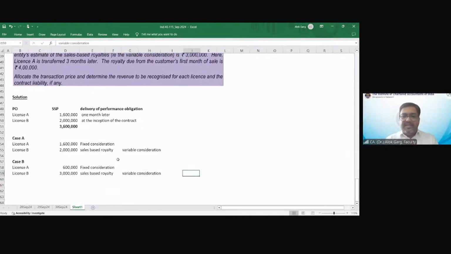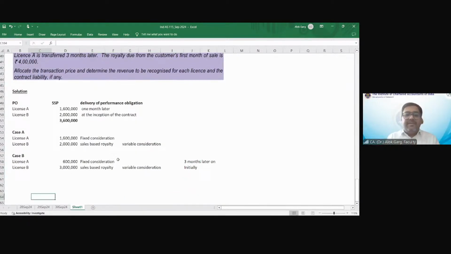So license B has been sold initially and license A has been sold 3 months later on. Okay. So in case B, let's discuss case B.